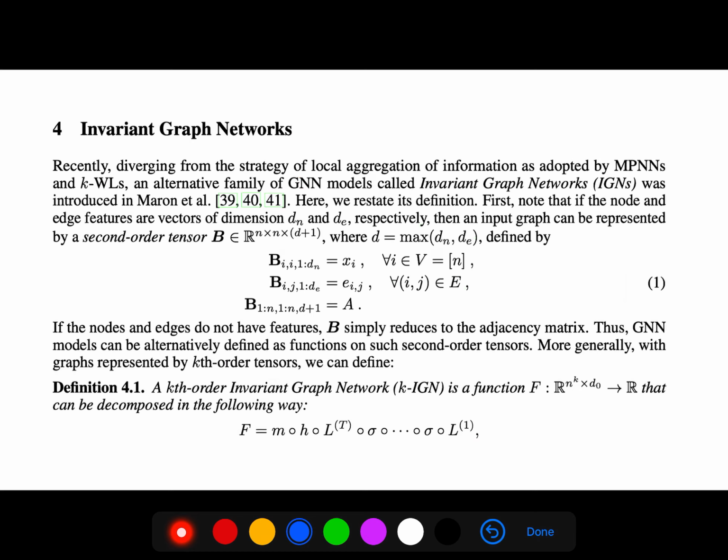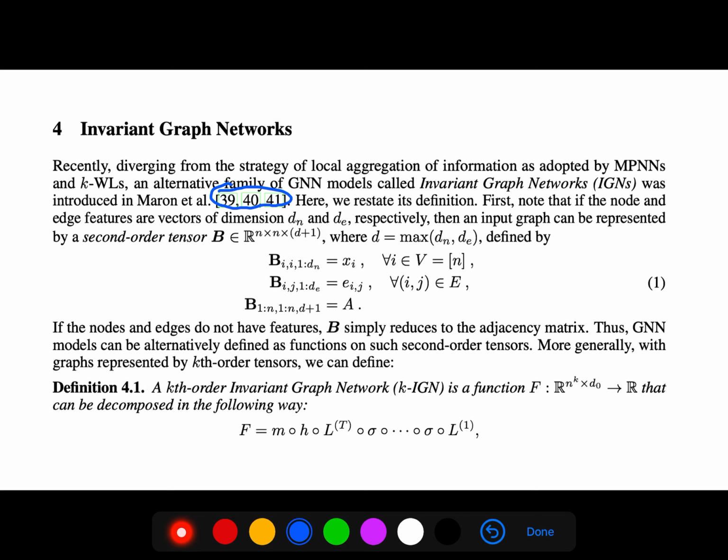Recently, diverging from the strategy of local aggregation of information as adopted by message passing neural networks and KWL, an alternative family of graph neural network models called invariant graph networks was introduced in these references. So we restate its definition.